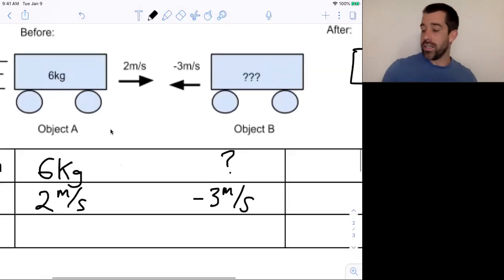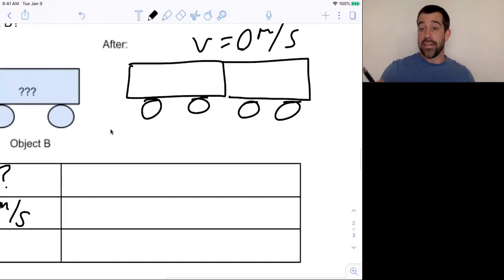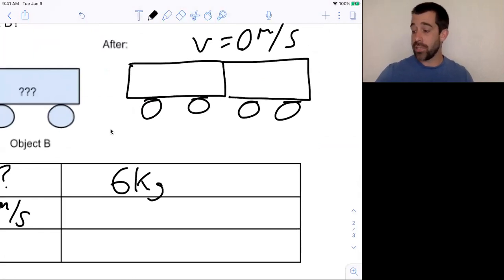All right, over here in the after picture, we still know that object A has a mass of 6 kilograms. And we don't know what object B's mass is. Now, some of you guys might have watched earlier in the video where I said that if two objects are moving together, you can just have one column over here and just write the mass of the one object.